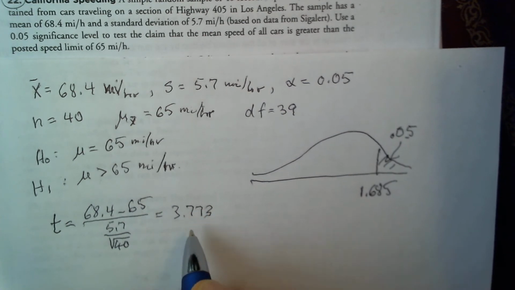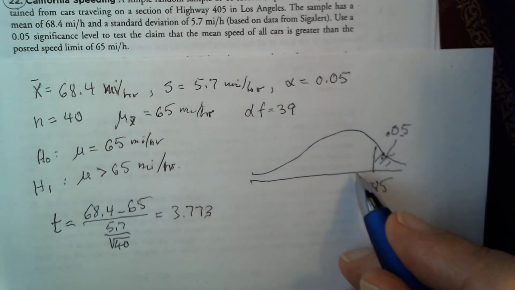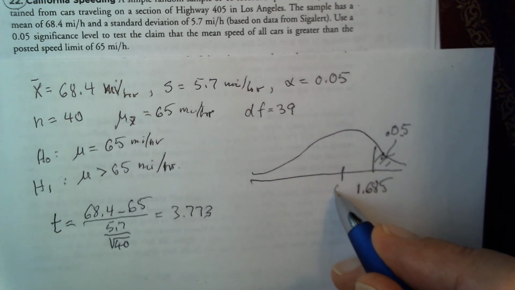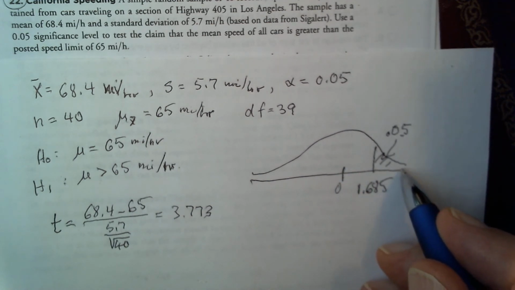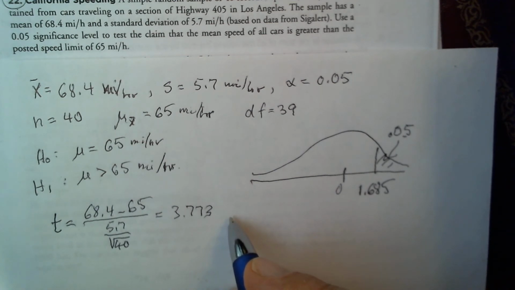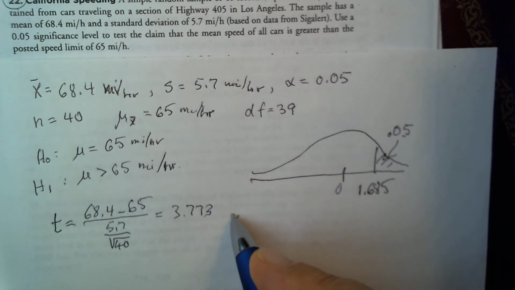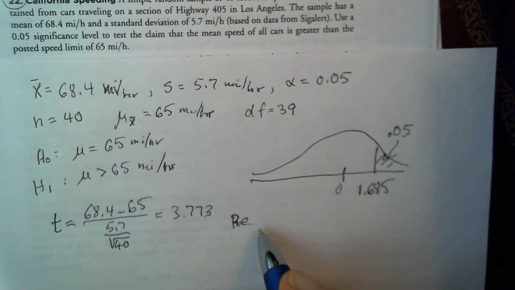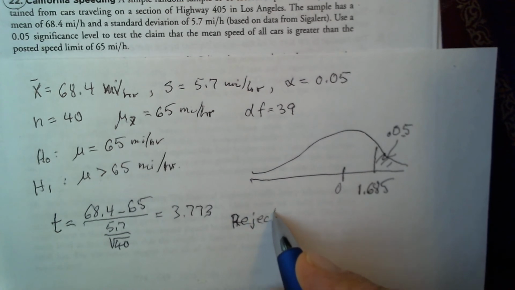So that means we are more than 3 standard deviations above the mean of 0. So in other words, we are certainly in the rejection region, which means we will reject the null hypothesis.